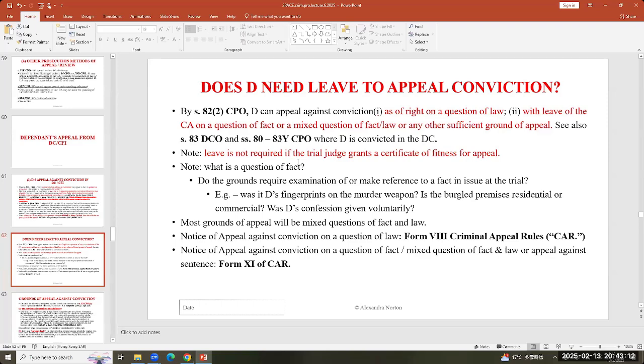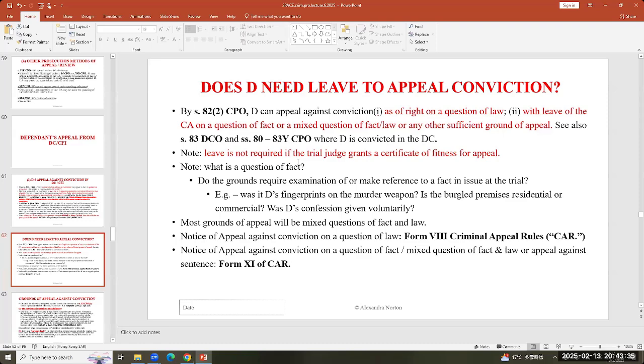So what's the difference between a question of fact and a question of law? Question of fact is where your grounds of appeal refer to issues of fact. So were his fingerprints on the murder weapon? Were the premises residential or commercial that were burgled? Did he make a confession? Those are questions of fact.